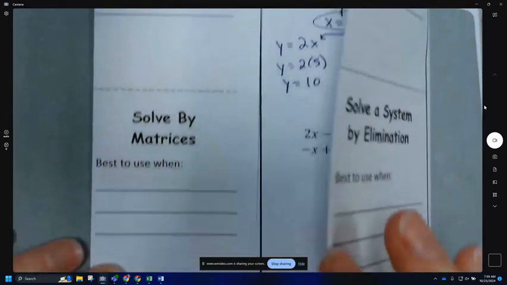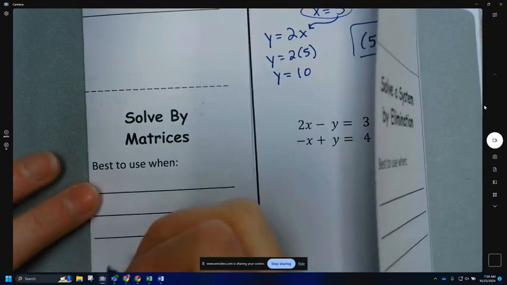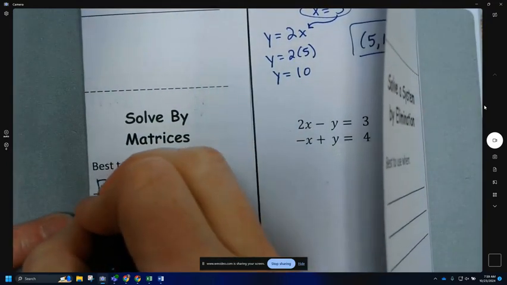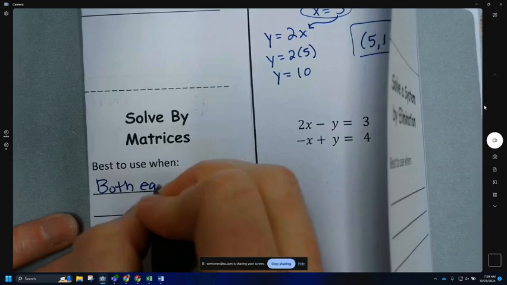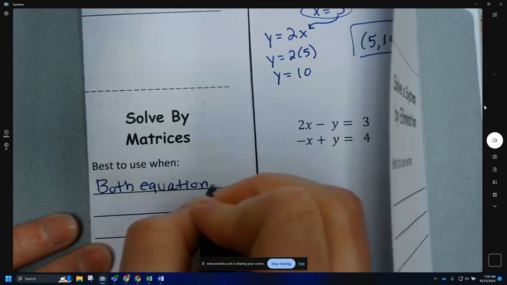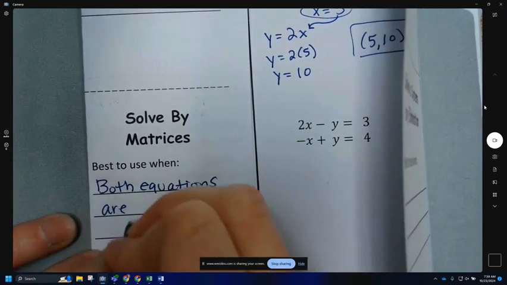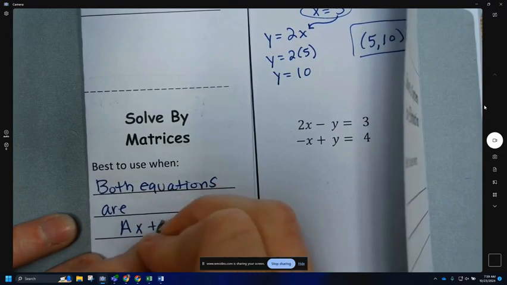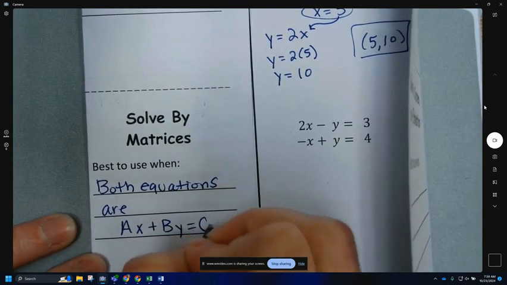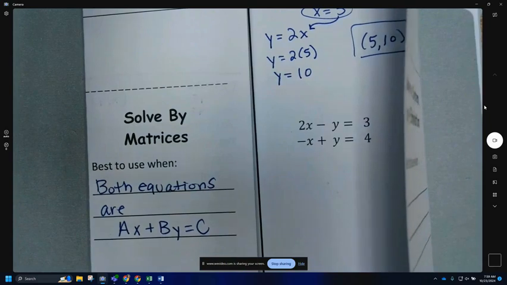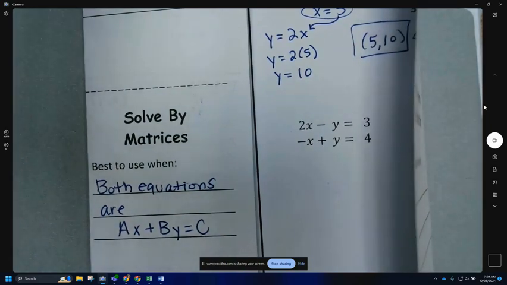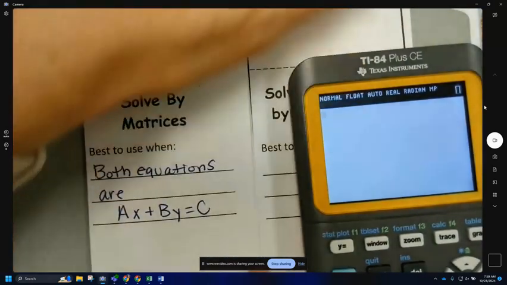Okay, solve by matrices. We are going to solve by matrices when both equations are in standard form. Standard form is ax plus by equals c. Okay, so you should have out your calculator.